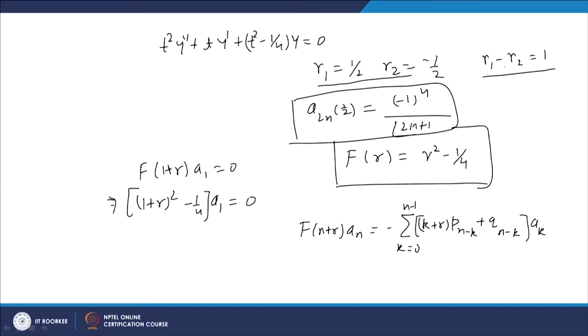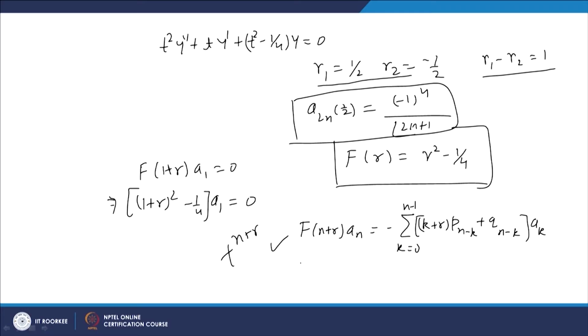And we also have seen that if you look at the coefficient of t to the power n plus r, in the general theory we have already seen that f(n plus r) a_n equal to minus summation k equal to 0 to n minus 1 of [(k plus r) p_{n minus k} plus q_{n minus k}] a_k.